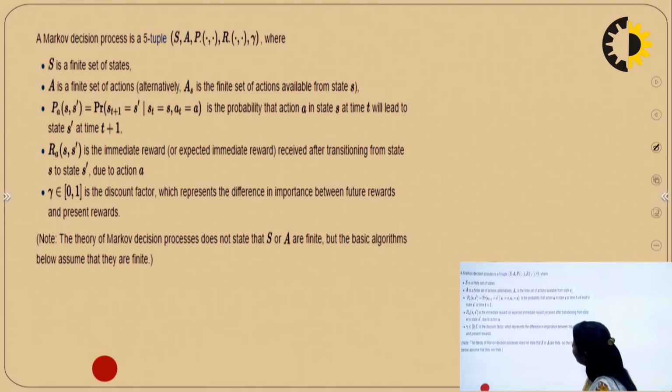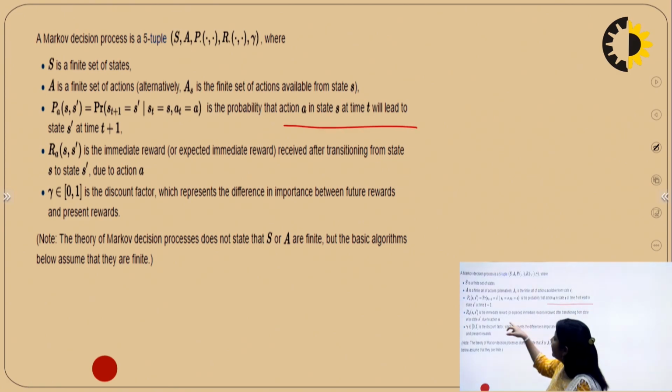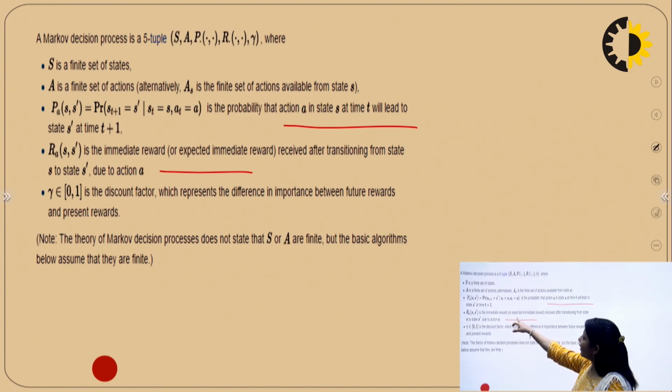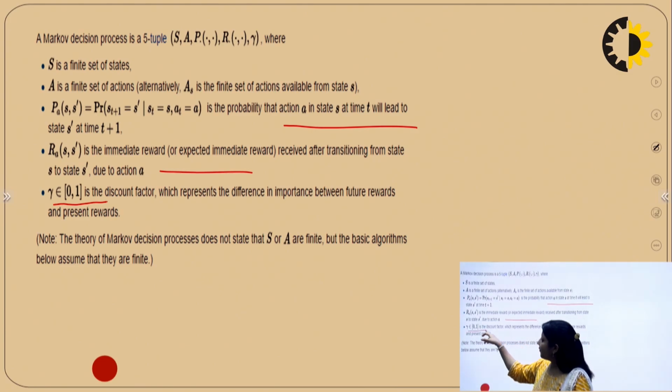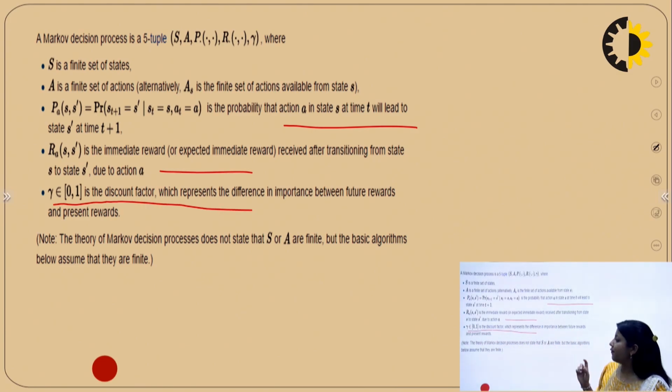So we have the set of states, the set of actions, the probability of transition, and the immediate reward, or expected immediate reward, received after transition. And here we have the discount factor gamma. Discount factor means that if we take the correct action and get the reward, and we keep moving all the actions correctly, then the discount factor will also be added into the reward and maximize the reward value.